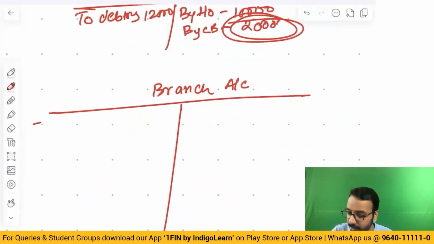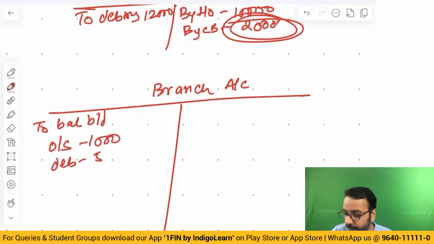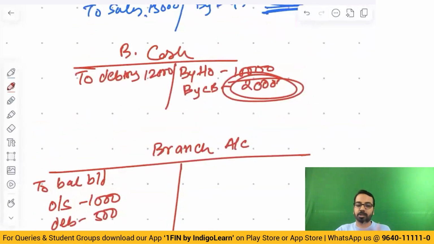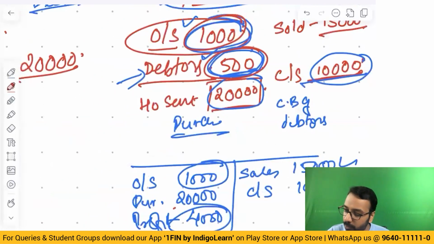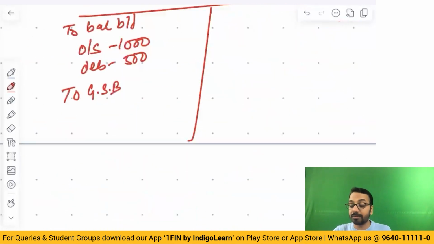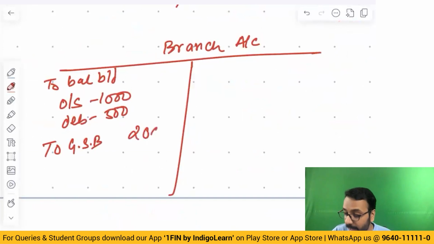So I will say to balance brought down, opening stock 1,000, debtors 500. Then I sent goods. To goods sent to branch, or you can say to purchases to trading, whatever nomenclature you want to use, we have sent goods of 20,000. This also I have to recover from the branch.